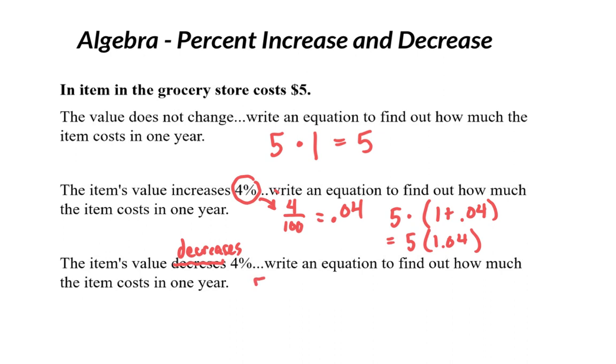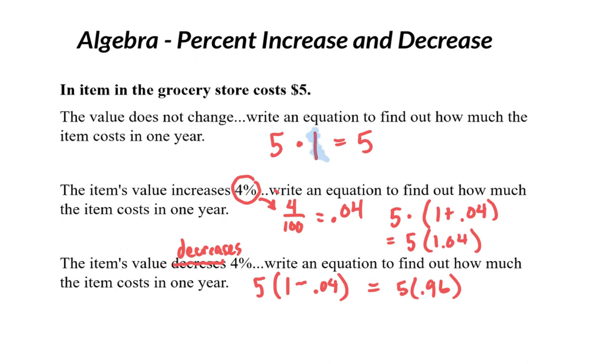The difference is we had this $5 item. Remembering, multiplying by 1 would have left it the same, but it went down 0.04. So 1 minus 0.04 is 0.96. So everything always begins with this idea of a 1.